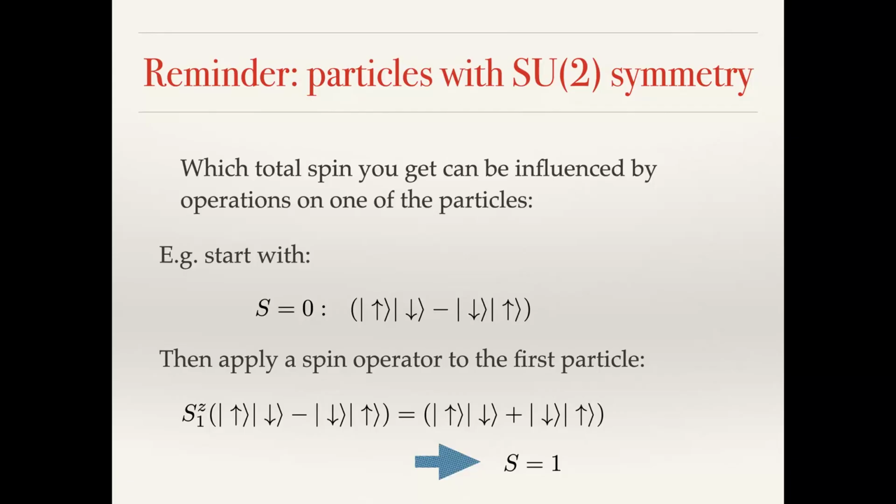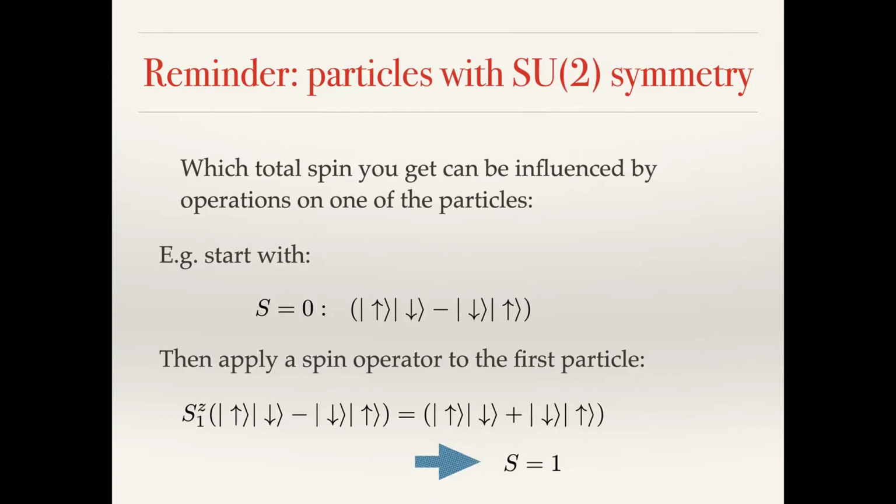Now, the important observation here is that if you go back to what we know about addition of angular momentum, you will see right away that the total spin that you get from mooshing together your 2 spin a half particles can be influenced by just doing a symmetry operation on one of the particles. Okay. So, for example, let's suppose that I start with a spin singlet state.